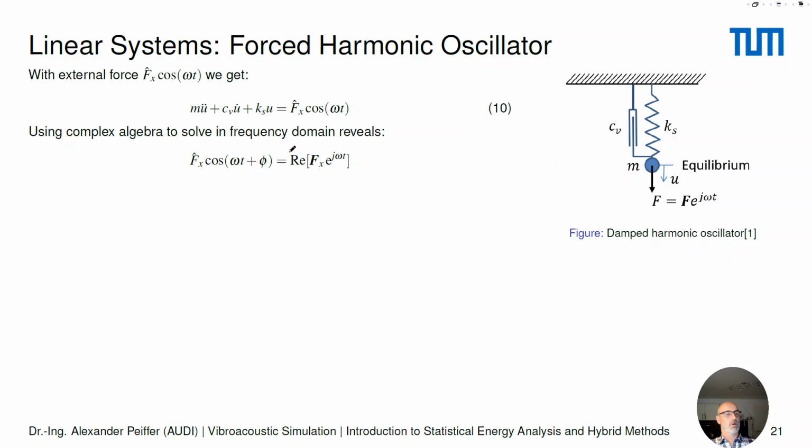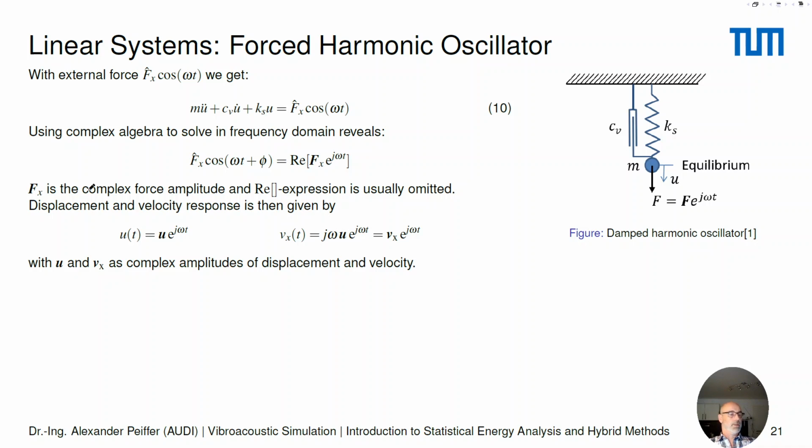Please note that normally this real part is very often omitted and we are just using the complex algebra, but please always keep in mind that there must be the real value of it in the final realistic solution. So as mentioned, this is a complex force amplitude.